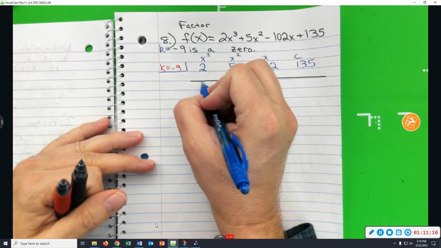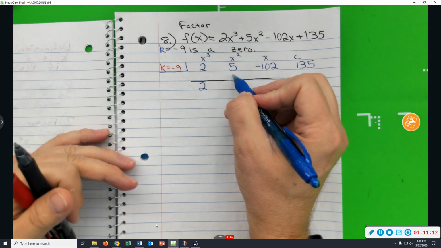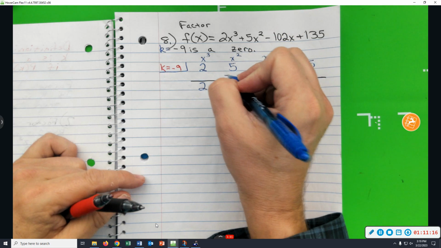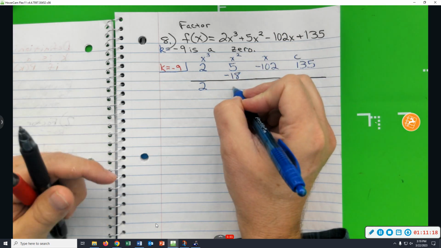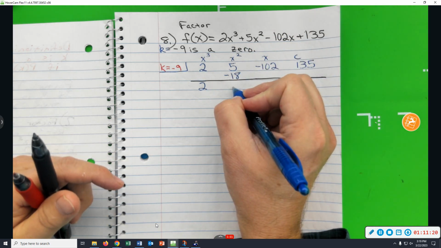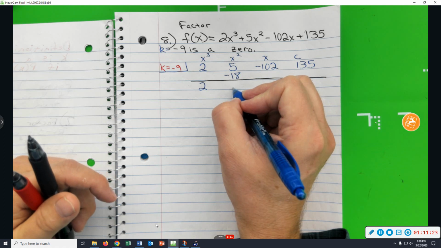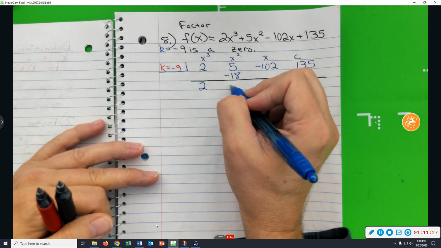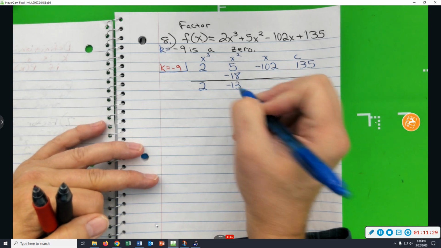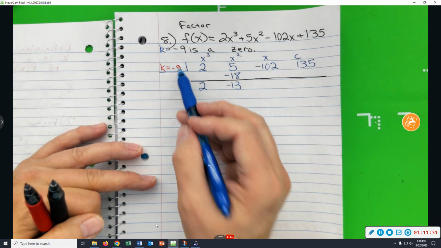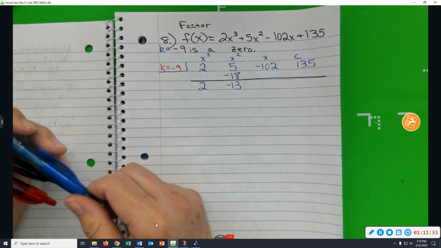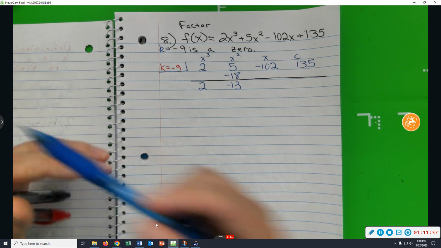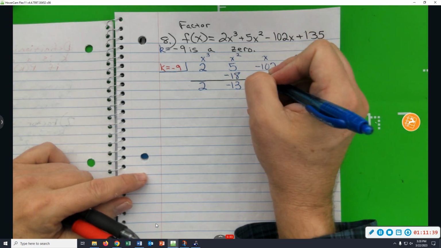Bring down the 2. Negative 9 times 2, I agree, that's a negative 18. Five minus 18 is negative 13. Negative 13 times a negative 9 is a positive 117.